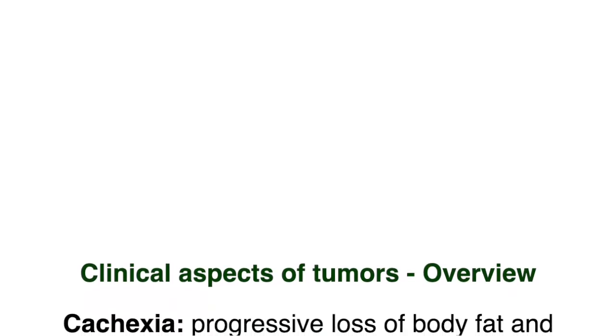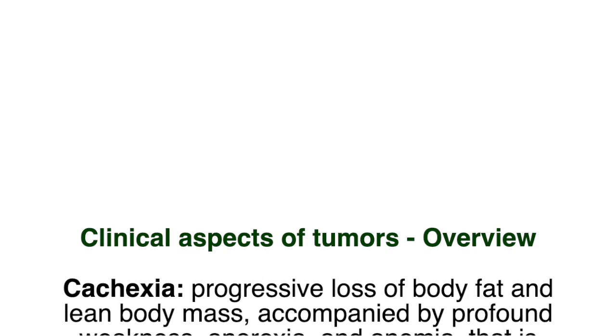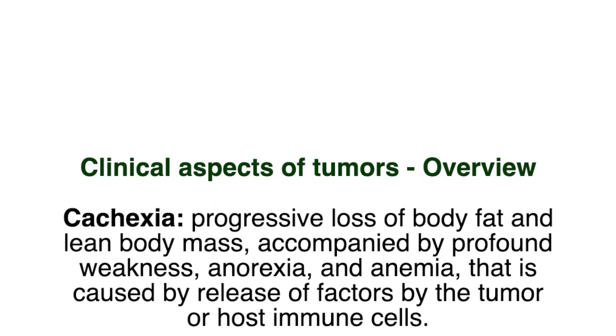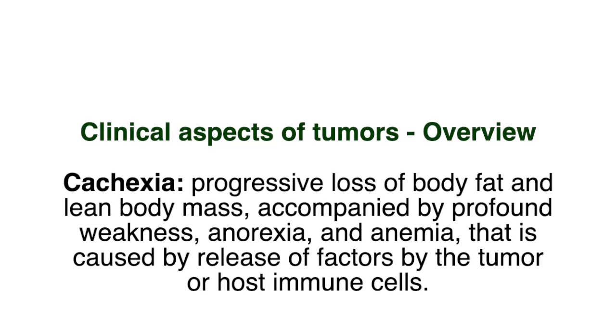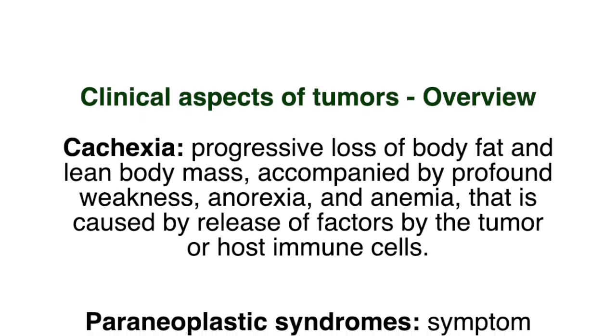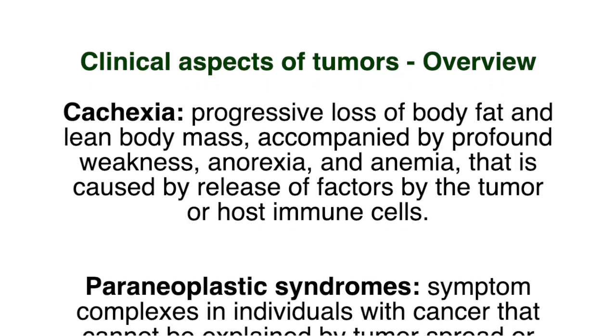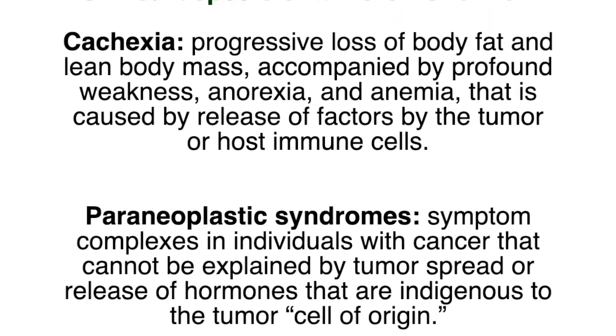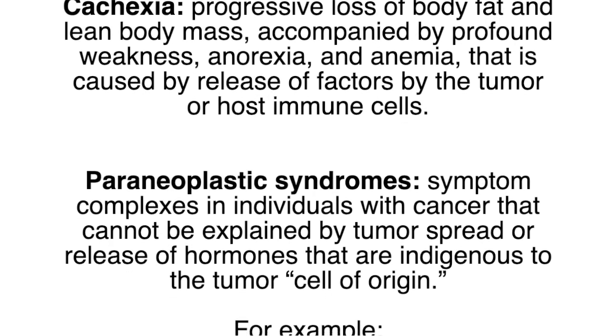Clinical aspects of tumors overview. Cachexia. It is a progressive loss of body fat and lean body mass, accompanied by profound weakness, anorexia, and anemia, that is caused by release of factors by the tumor or host immune cells. Paraneoplastic syndromes.